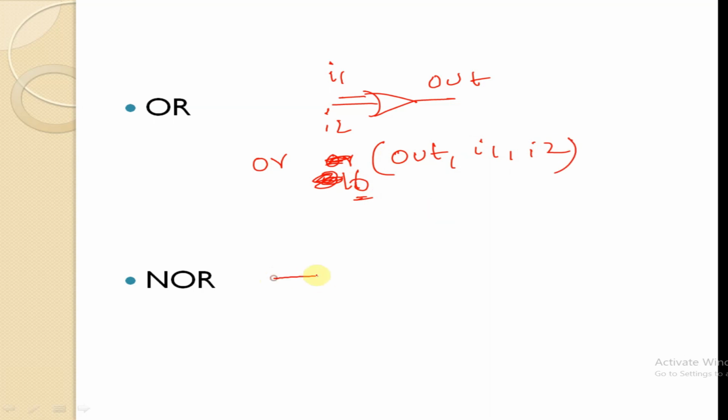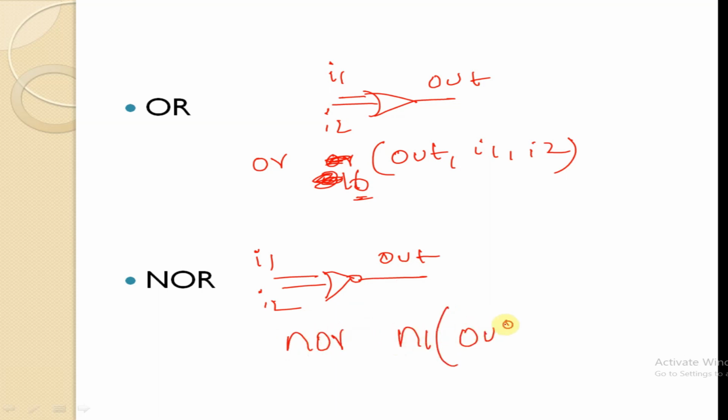For the NOR gate, the symbol is this. I am taking two inputs and one output, and the keyword is NOR followed by some instance name followed by output and inputs. And the symbol of XOR is this, and the primitive is XOR.